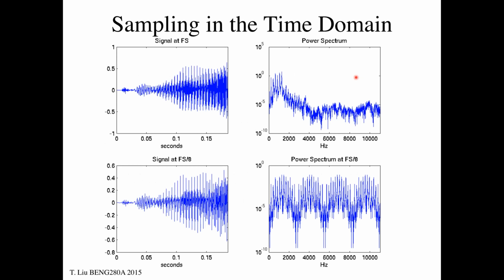So let's take a look at an example of sampling in the time domain. This will have applications in MR specifically, because in magnetic resonance, you put the patient in a magnet and you bathe the patient briefly, say for a millisecond, in very high amplitude radio frequency energy.